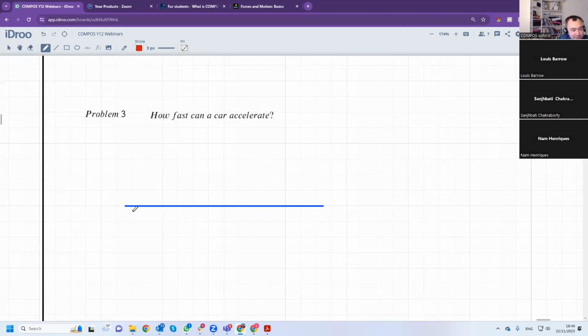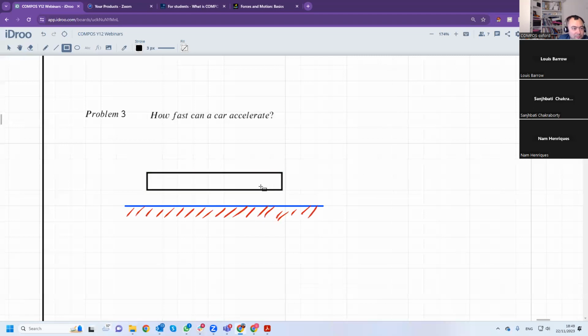When you have the ground, okay, this is my drawing of a car. It's a little hatchback. Okay, and this is the steering wheel.